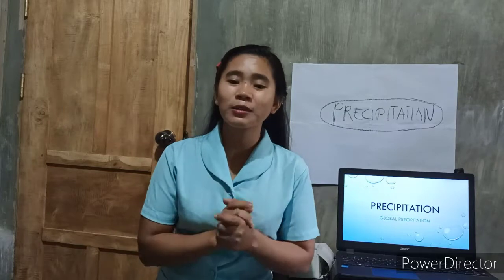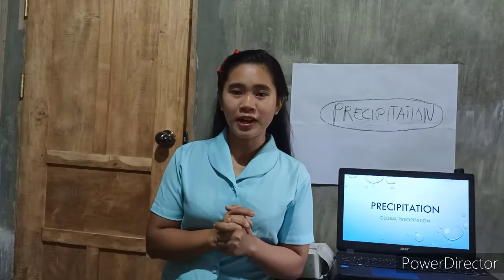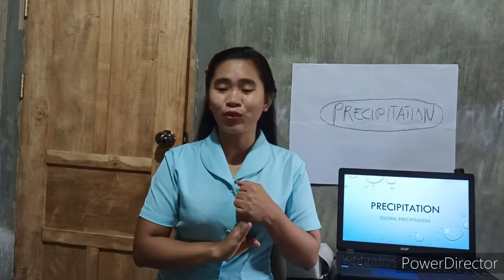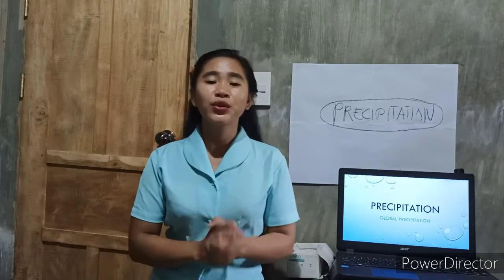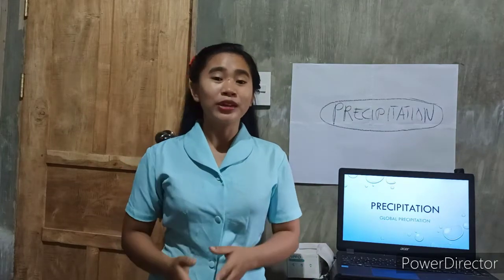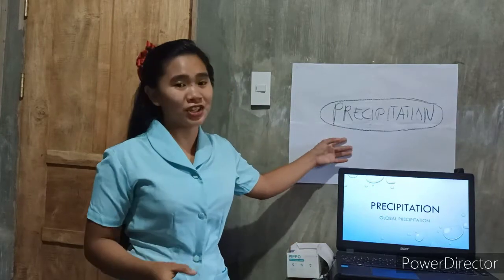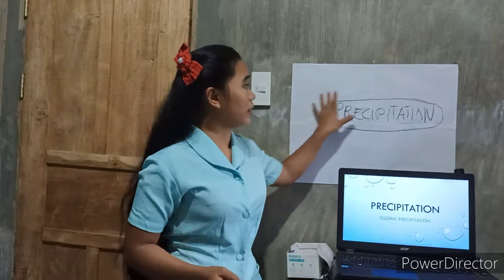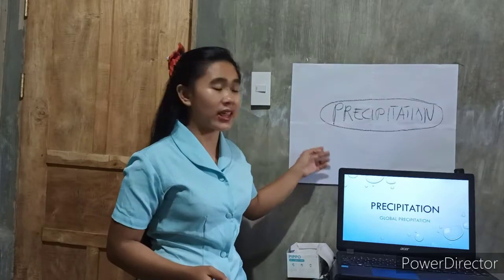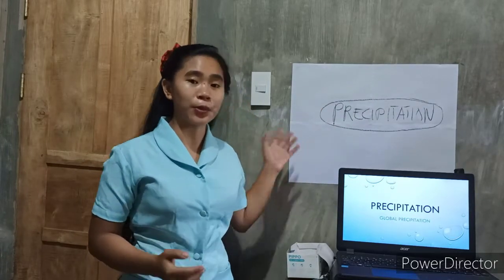Now, everybody, kindly bring out a quarter sheet of paper. Does everybody have a quarter already? On that quarter sheet of paper, you are to formulate your definition of precipitation based on the words and phrases that you see on our blackboard.